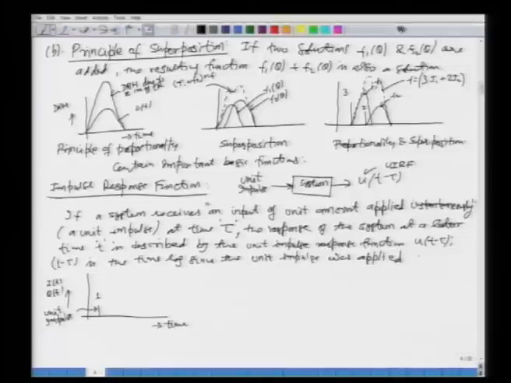What is going to be the response of the system is going to be described by this function. Let us say the response is described by this function which I have just drawn. This is then called u(t minus tau), and this is your unit impulse response function.